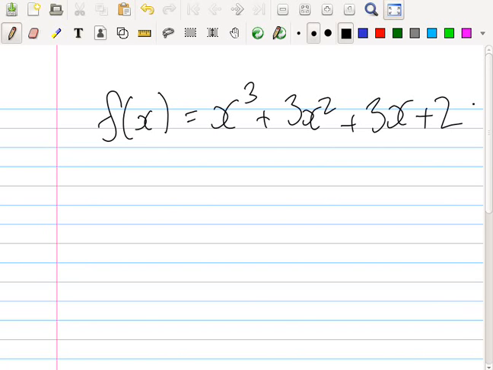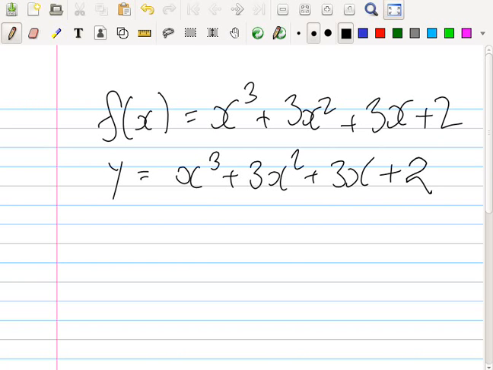Well, first we make y equals that. Right. Now we need to find x.